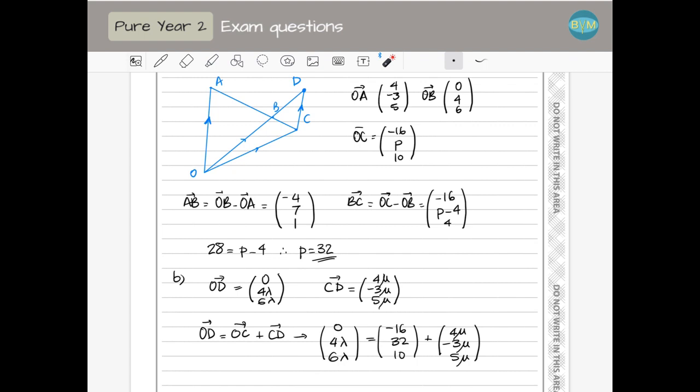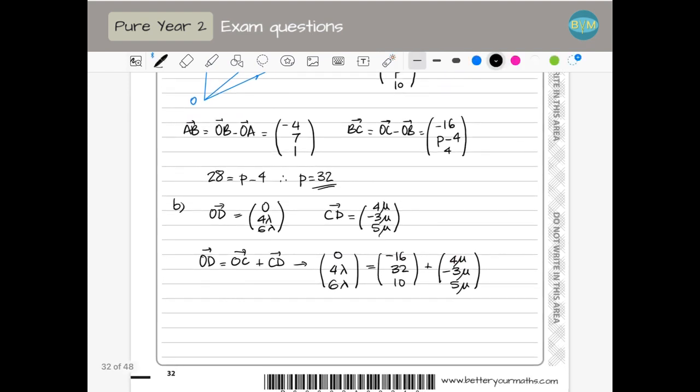If I compare the components, 0 is going to be minus 16 plus 4 mu, which means mu is 16 divided by 4, which is 4. Then I can use 6 lambda, just because it has smaller numbers. 6 lambda is 10 plus 20, because I have 5 times mu, and mu is 4.